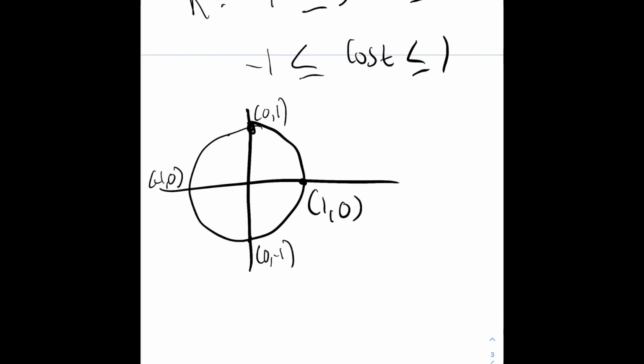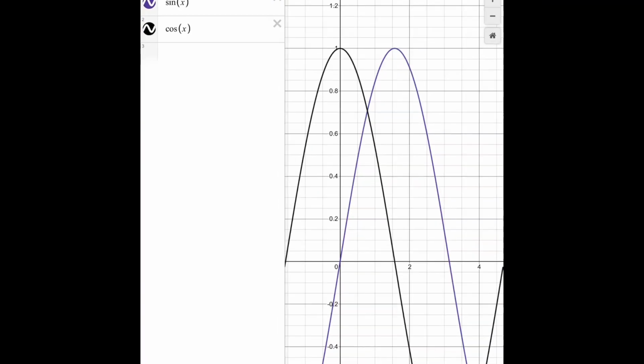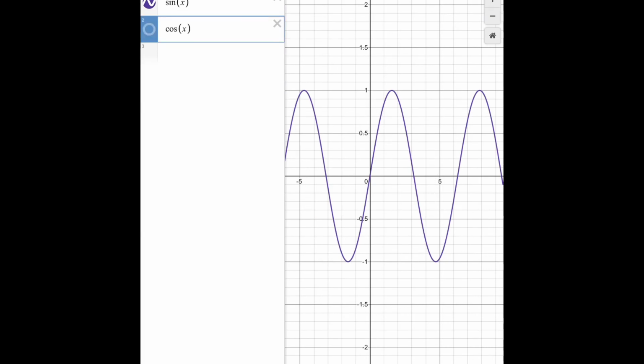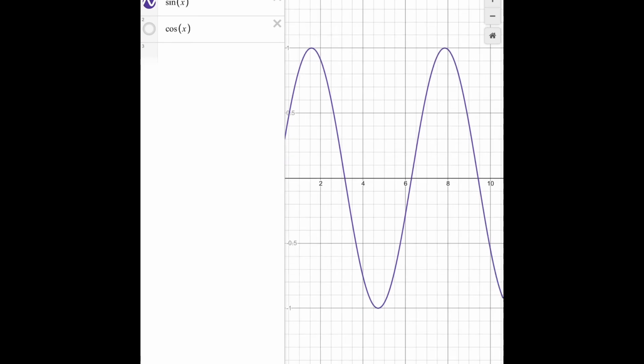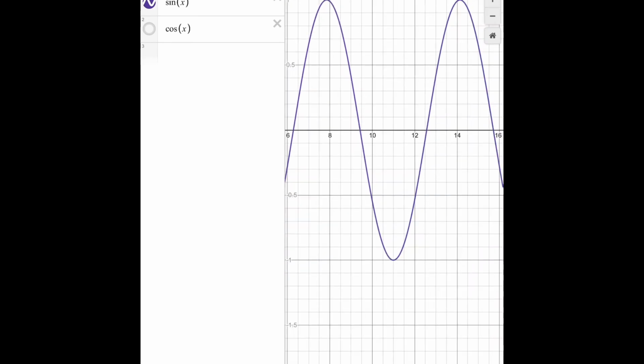So if we think about this fluctuating graph, in terms of my y values, I'm going up, I'm going down. My y values are going down, I'm going up. That's exactly how we get this on our graph: my y values are going up, now my y values are going down, they're going up, they're going down.